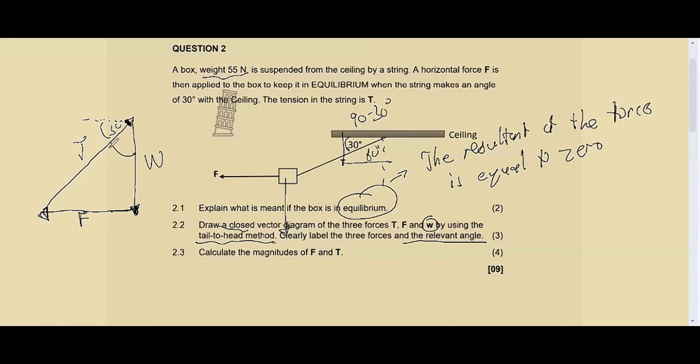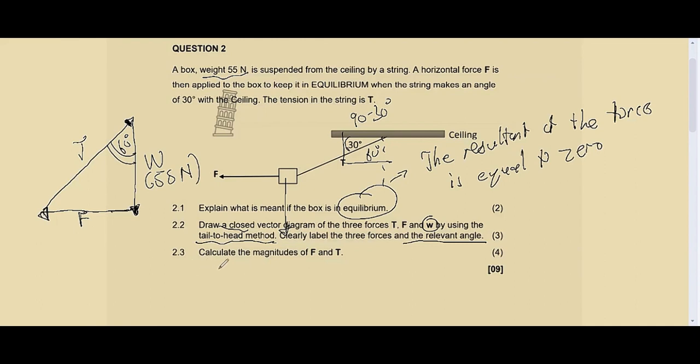So the relevant angle that they're talking about should be 60 degrees. That's how you should be indicating that. So your closed vector diagram would look something like this, and just like that, you have your 3 marks. And also don't forget that your weight is 55, so you can show it here. This is 55 newtons.